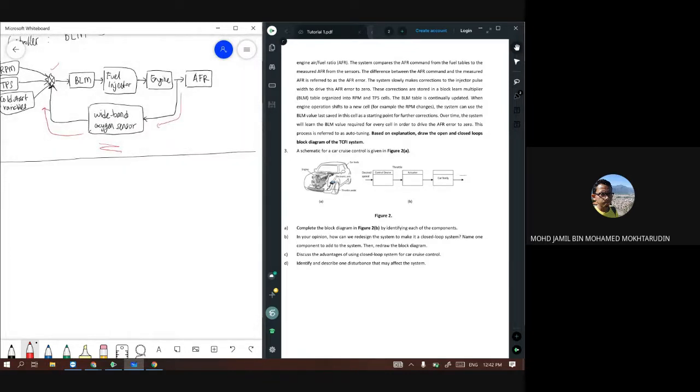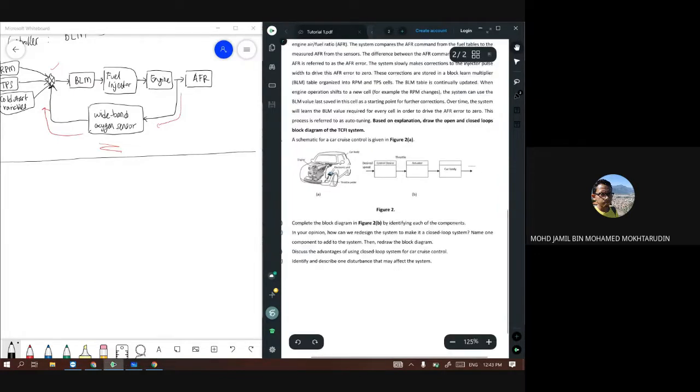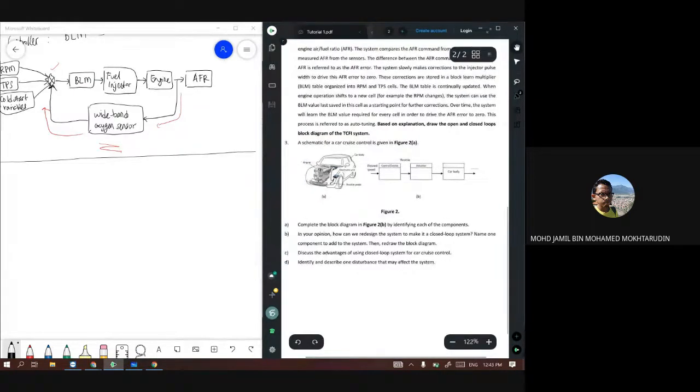Okay, so let's look at question number 3. A schematic for a car cruise control is given in figure 2A. Question A, complete the block diagram in figure 2B by identifying each of the components. In figure B, we have a control device with a blank box, an actuator with a blank box, a car body with no label, and the dotted line at the end.